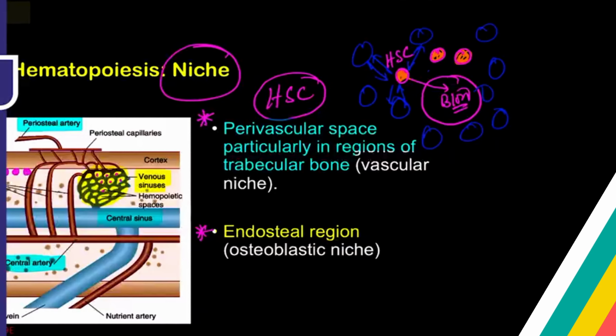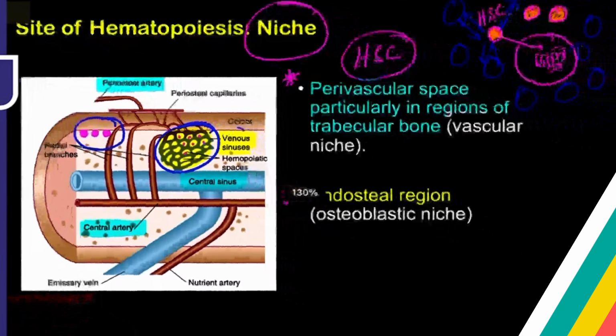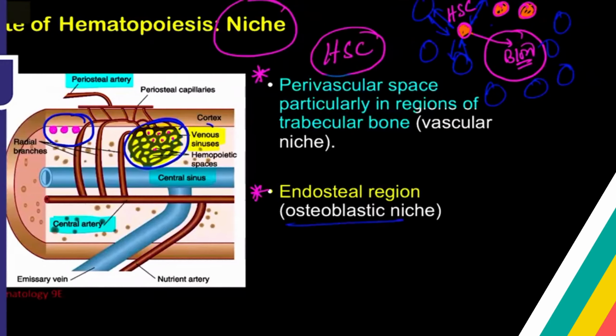So the hematopoietic niche is located in two areas. One is the perivascular area, like here, and one is the endosteal niche: perivascular niche and endosteal niche. This endosteal niche is mainly important during stem cell transplantation.